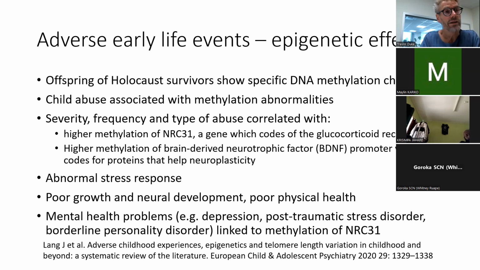We know that if a child has faced child abuse at a very young age, physical or emotional abuse, then they too will have changes in methylation in their genes that lead to changes in their stress responses, changes in their neural development, poor physical health, and maybe even changes in their mental health later on that can lead to depression or post-traumatic stress disorder, or even other conditions.